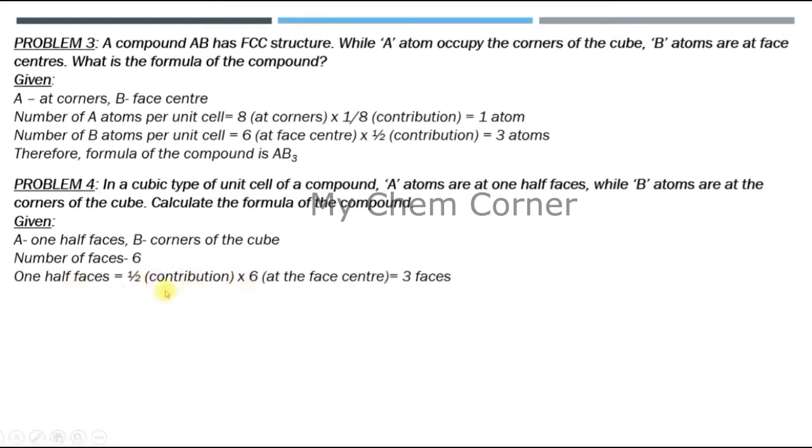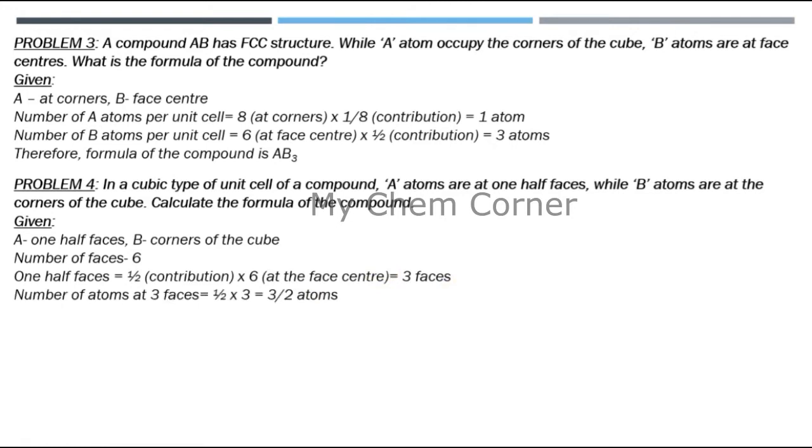This is the general contribution of an FCC into 6 at the face center. So here, it is only 3 faces actually, because it's saying 1/2 of the face. The number of faces are 6 in a cube, of which only 1/2 of these faces are occupied by A. So half of this is nothing but 3.